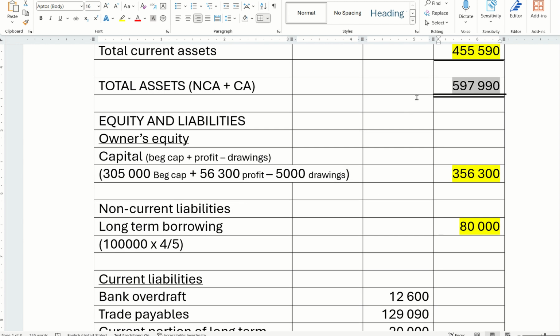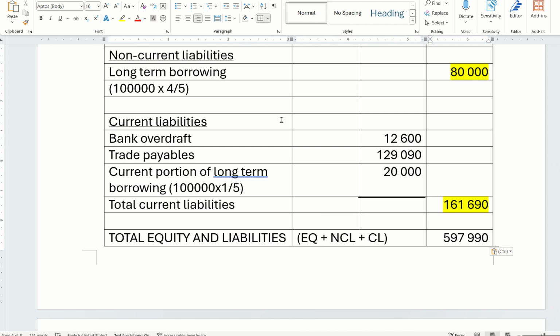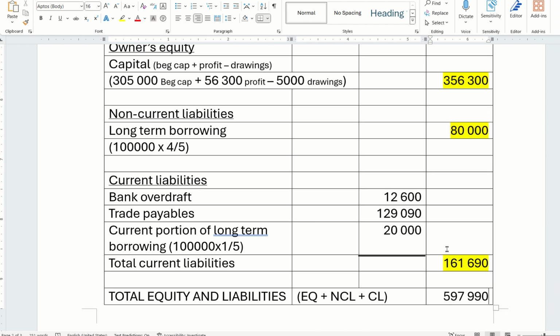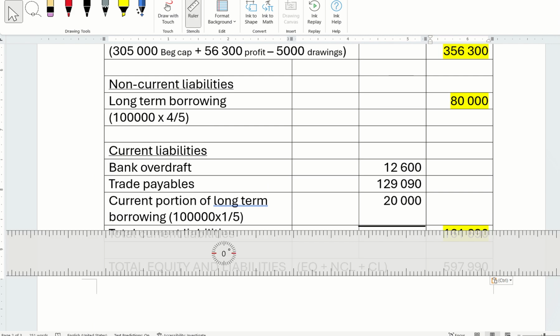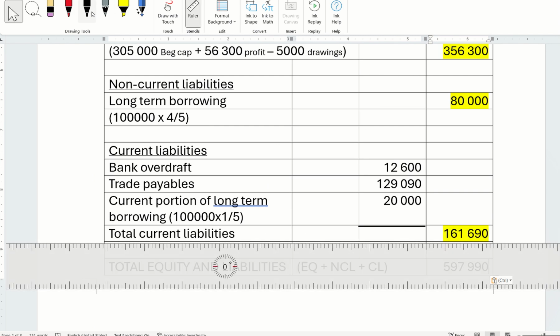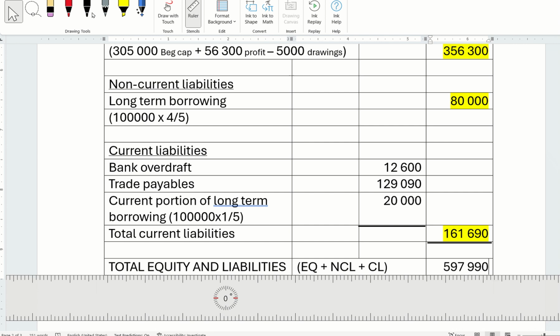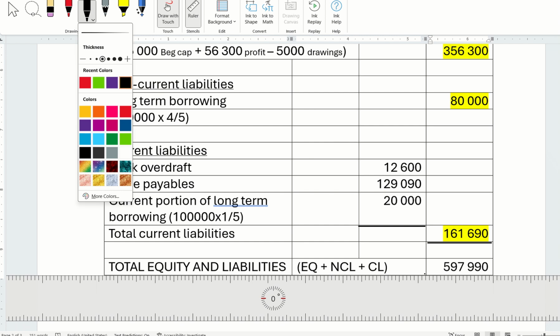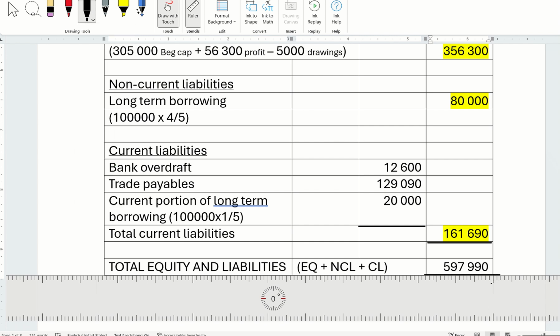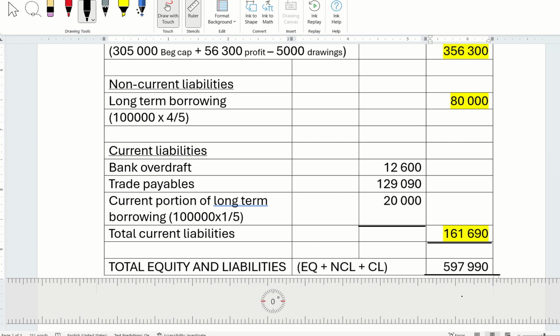Okay, when I add up the numbers, I discover that it's actually the same number. After I add up the numbers, I'm going to draw a triple line again to show people that the three numbers added together equals 597,900. 597,900 is the final answer. And to show that, I will draw a triple line like this.